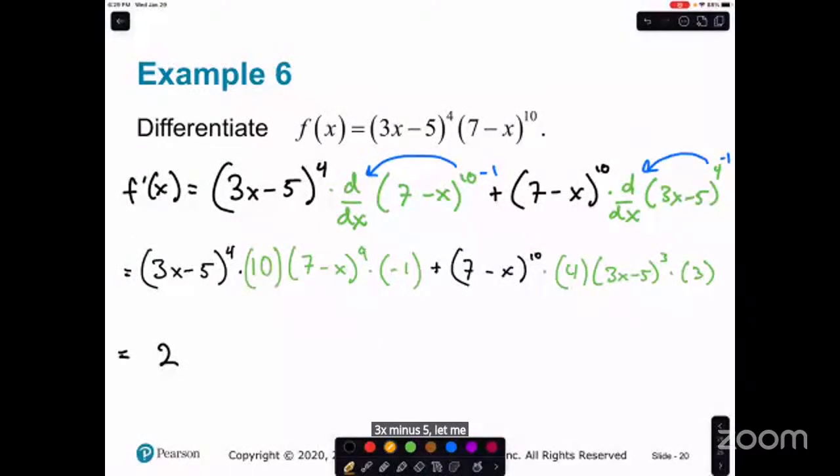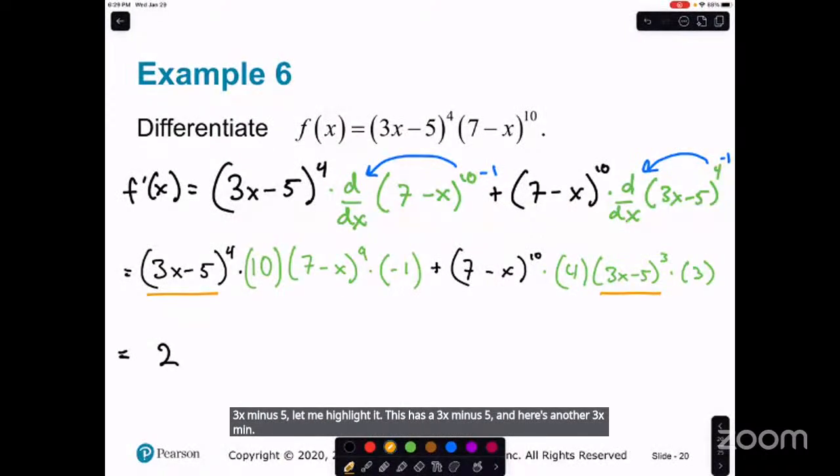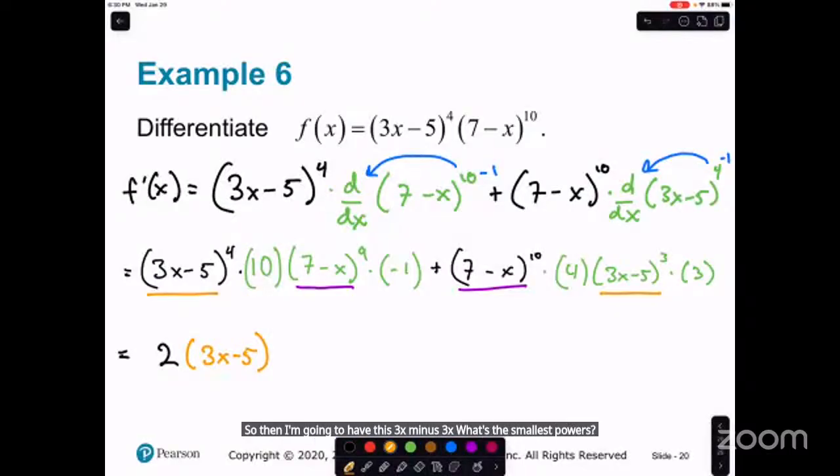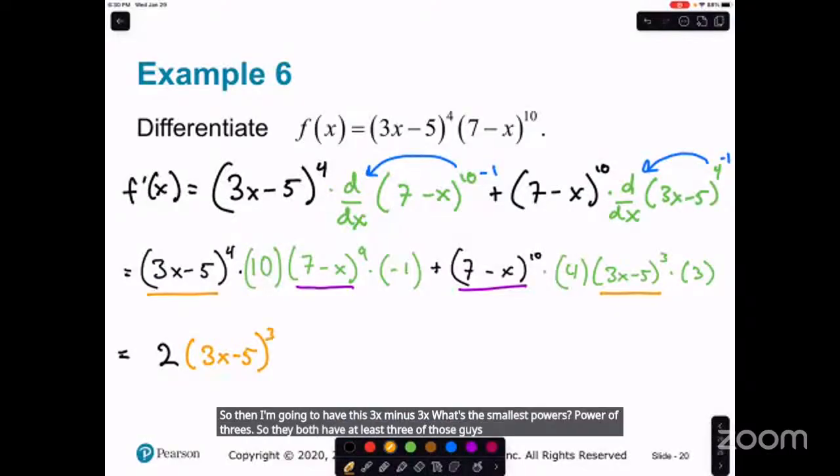This has a 3x minus 5, and here's another 3x minus 5. Here is a 7 minus x, and another 7 minus x, right? Okay. So then we're going to have this 3x minus 5. What's the smallest power? It's power of 3. So they both have at least 3 of those guys. And then they both have this 7 minus x, and they both have at least, what, 9 of those guys.